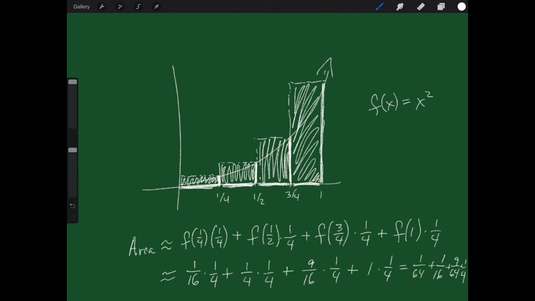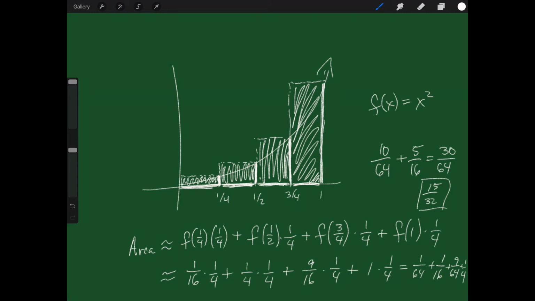So we've got 10/64, and then we've got 4/16 plus 1/16, so 5/16. How many 16s go into a 64? 4 of them. So this is 30/64. If you prefer, that's 15/32. Okay, so that's our estimate.